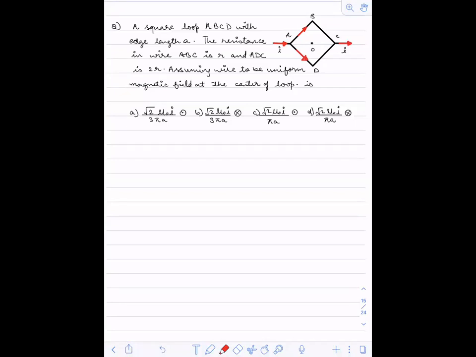What is the answer? How many of you have got the answer for this question? Option B. Have you solved these questions on your own, or have you just copied these questions from somewhere?